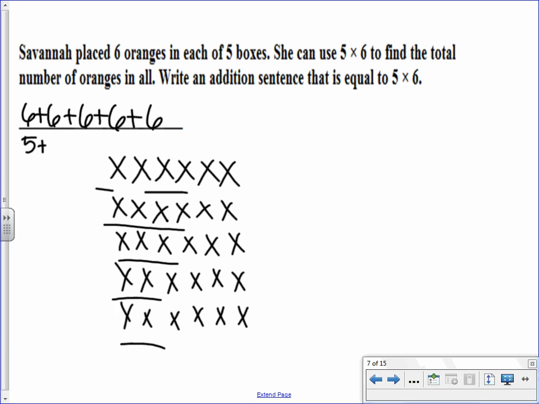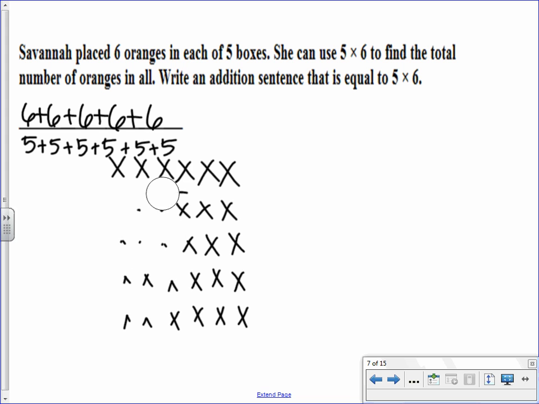Would I get the same answer? Hold on. If I did 6 fives or 5 sixes, would I get the same answer? Yes, I would, because it's the commutative property, right? So think about if I took this array, I'm going to just erase these lines that I drew, and I'm going to show you something cool.